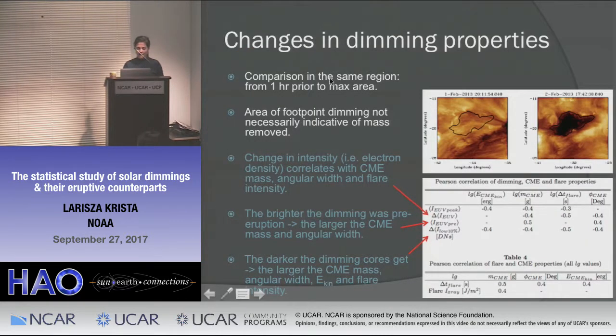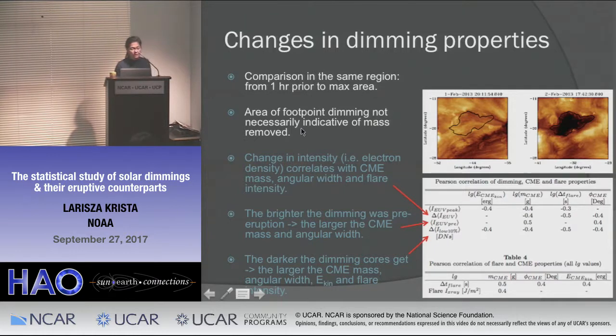The next study was to look at basically an image before the eruption and then at the peak area of the dimming. So here's an example. Here's the dimming region before the eruption, and then it's at peak. So the pre-eruption image was 1 hour before the maximum area.